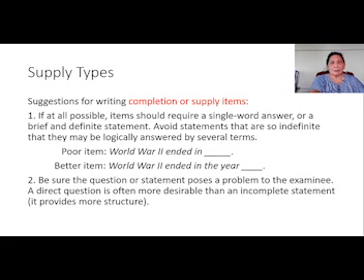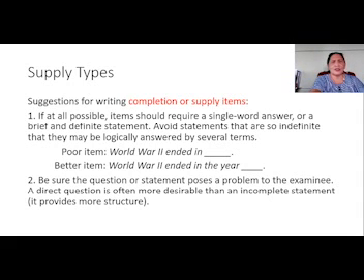Today we shall take up another set of tests which we call supply types. And today I'm going to discuss with you two types, the completion and essays, both very familiar to you. All right, let's start with the supply types.